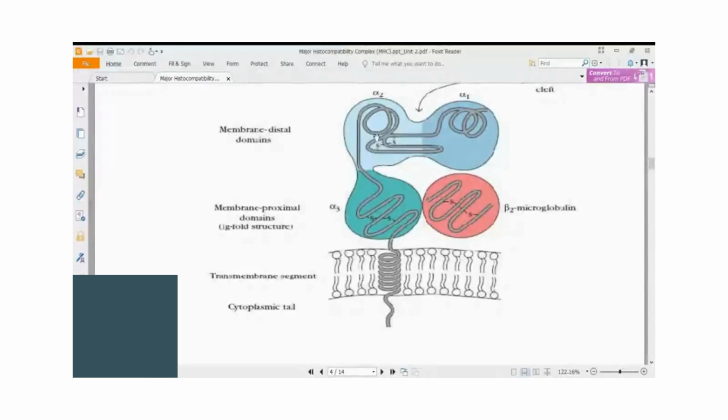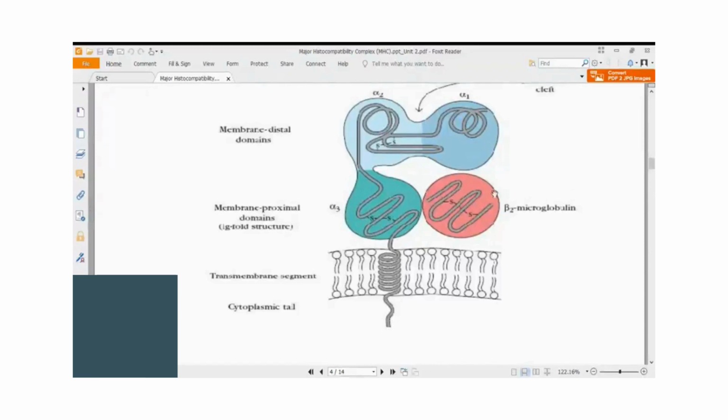The alpha chain is divided into three domains: alpha 1 domain, alpha 2 domain, and alpha 3 domain. And then that alpha chain is inserted through the membrane. Only the alpha chain is inserted through the membrane, and that region where it is there in the membrane is called the transmembrane segment or transmembrane domain. And there is a cytoplasmic tail which is hanging into the cytoplasm.